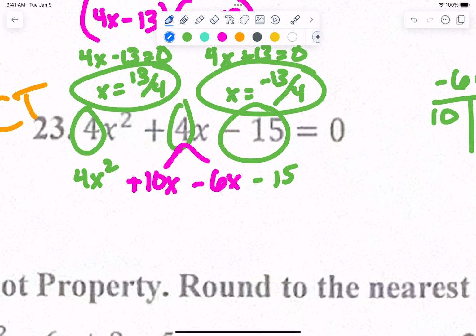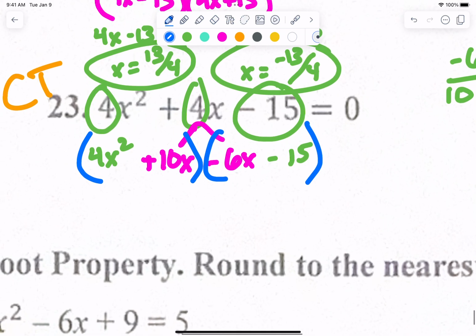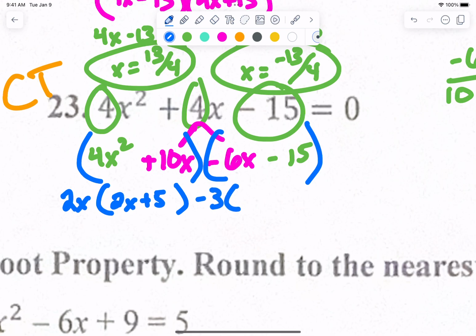Then what? Parentheses. What's going to come out of the first piece? 2x, and left is 2x plus 5. What comes out of the second piece? Negative 3, and left is 2x plus 5.